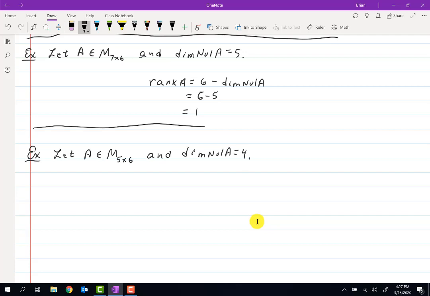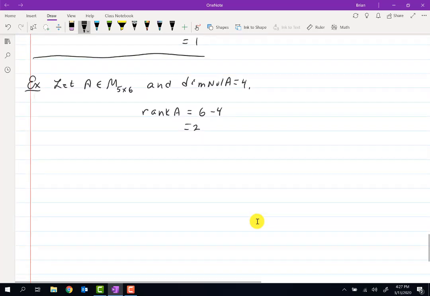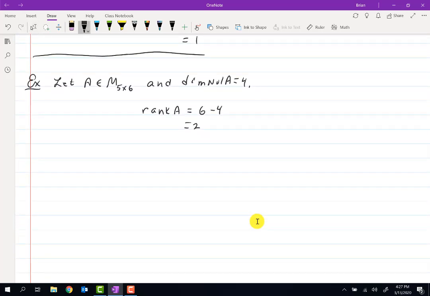So the rank of A will be the number of columns minus the dimension of the null space, so that will be 2. Notice this also implies that the dimension of the row space equals 2.